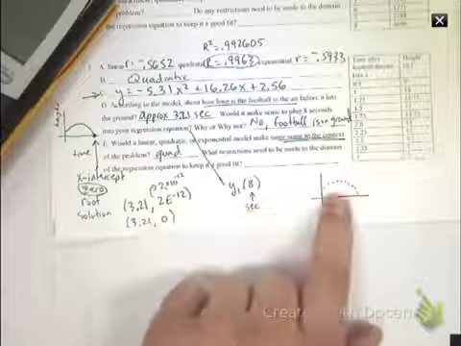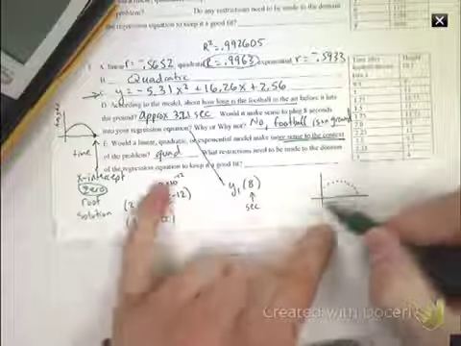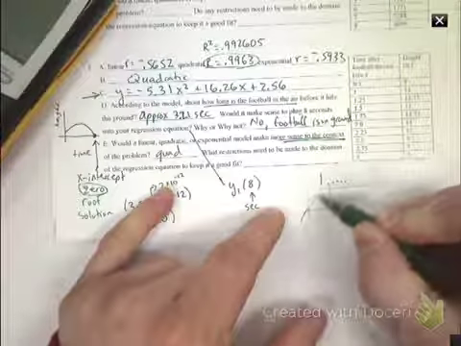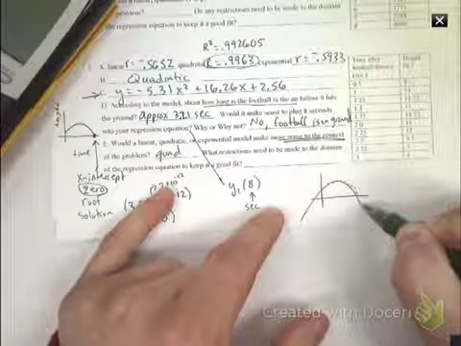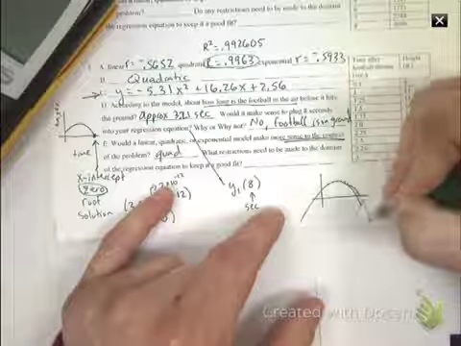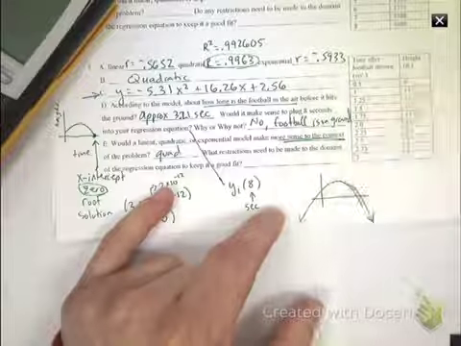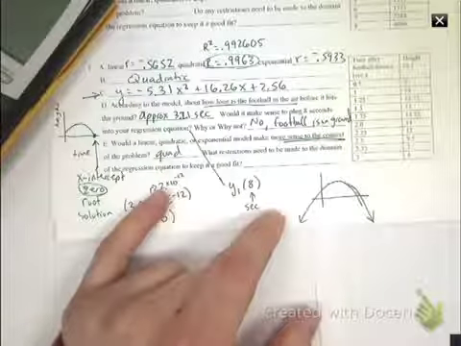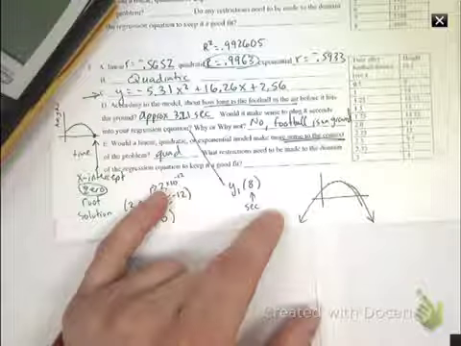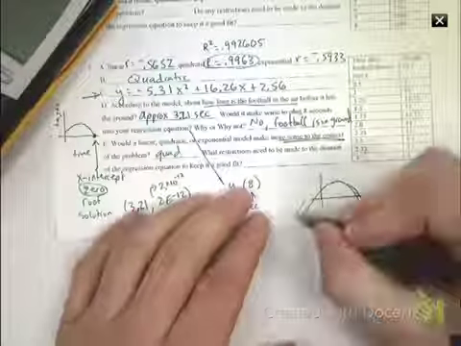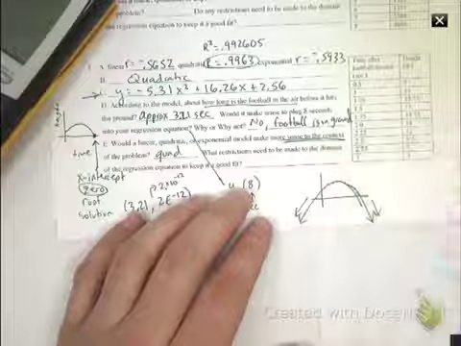Actual data. And we have a model that does this. Do we need the model that goes forever in this direction and forever in this direction? Do we need that? No.